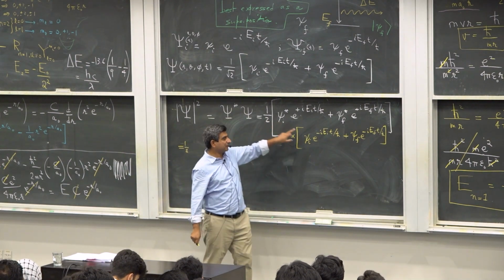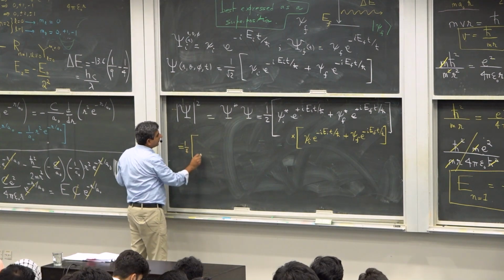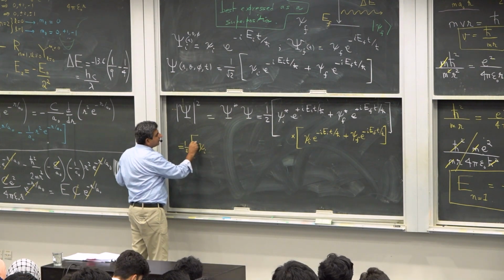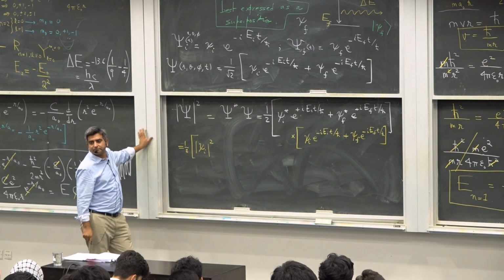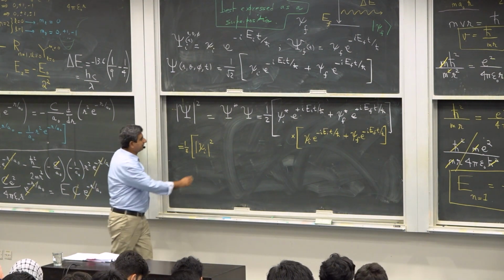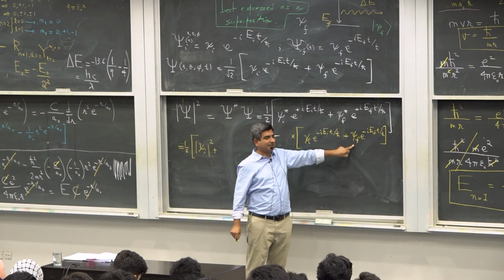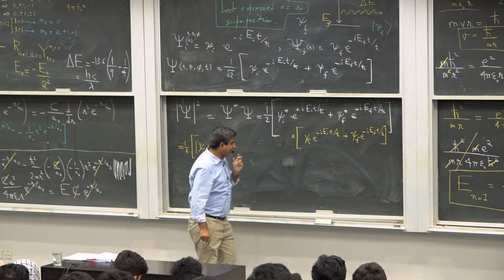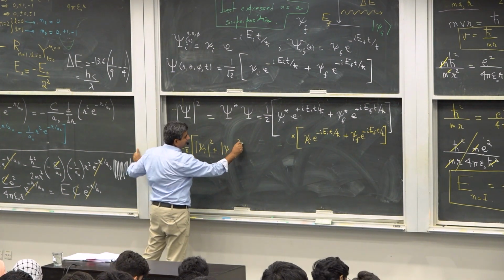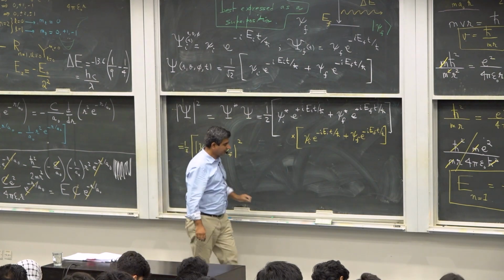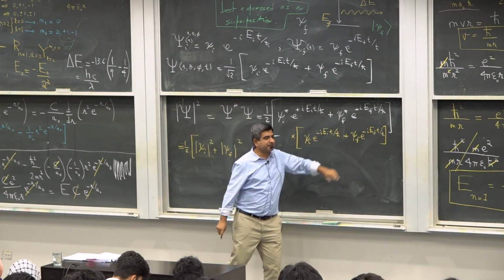When I multiply this term with this term, the exponents go away and I'm left with psi_i mod square, plus, when I multiply this term with this term, the exponents go away and I'm left with psi_f mod square. When I multiply this term with this term, let's see what I get.